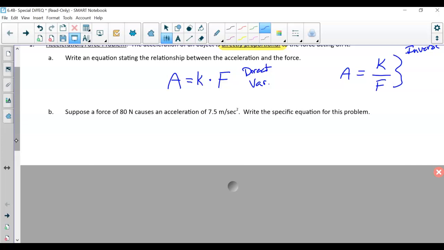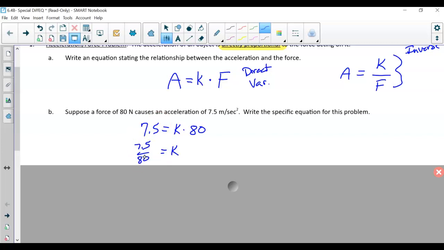There's no calculus involved in here. All I'm going to do is say, okay, suppose the force is 80. What is my constant k that gives me my acceleration of 7.5 meters per second squared? So k would have to equal 7.5 divided by 80.